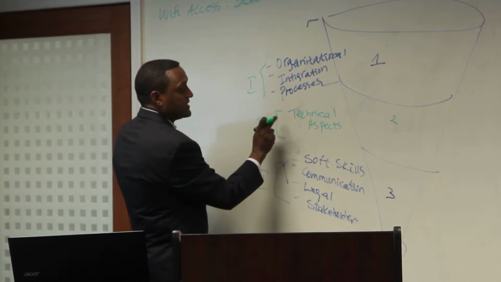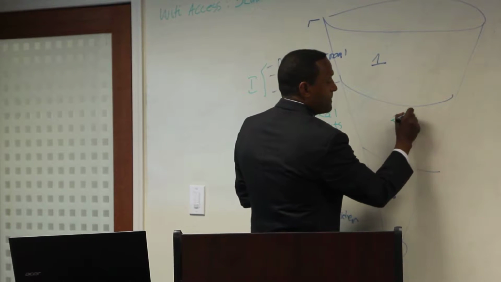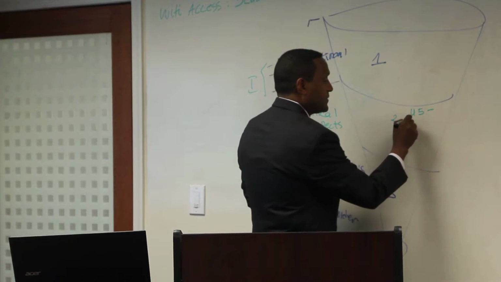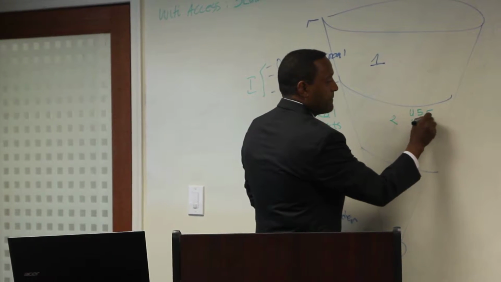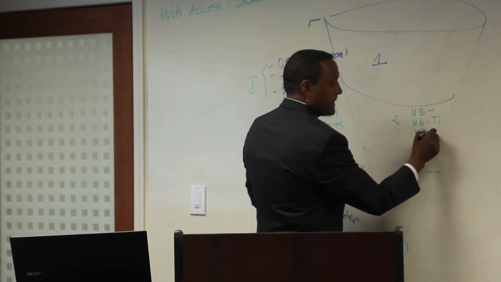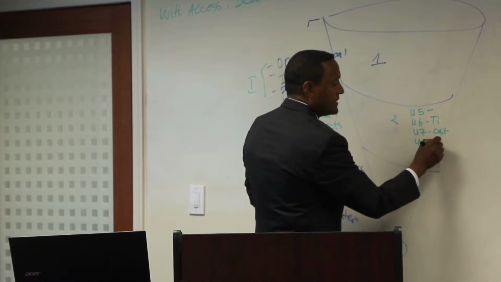So in this technical part, we're going to discuss unit 5, which is scope management. Unit 6, time management. Unit 7, cost management. And Unit 8, quality management.